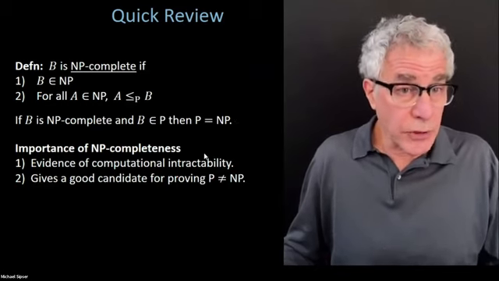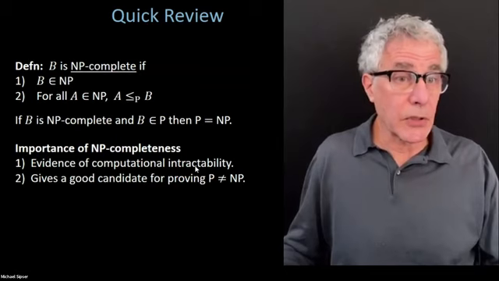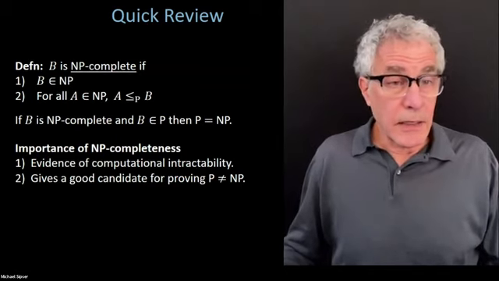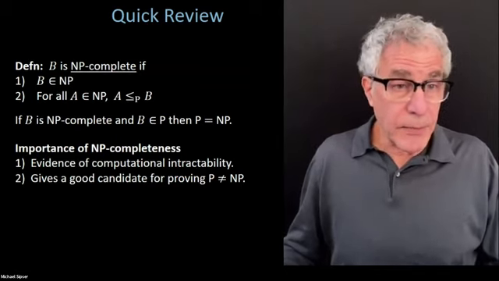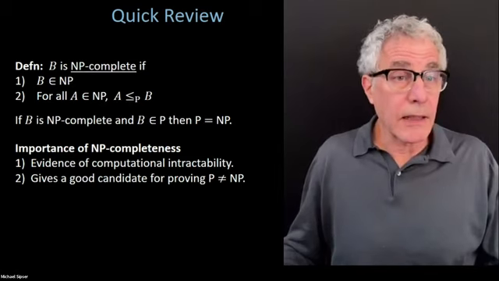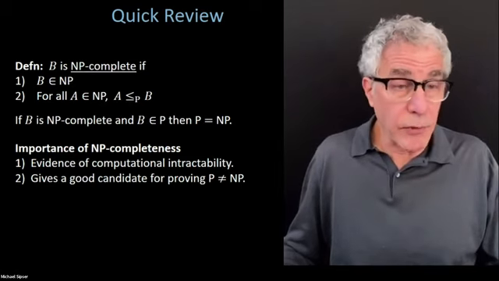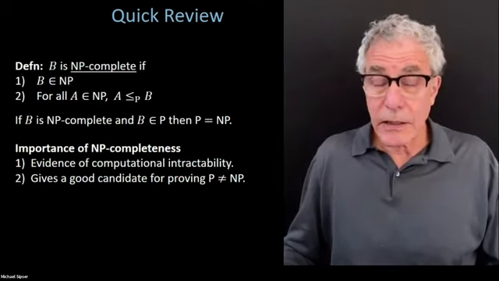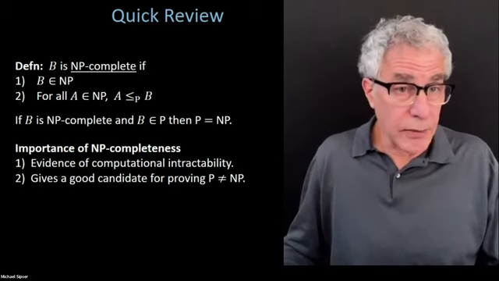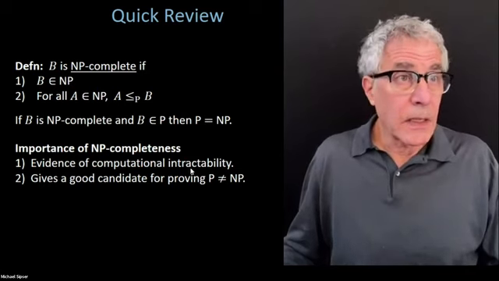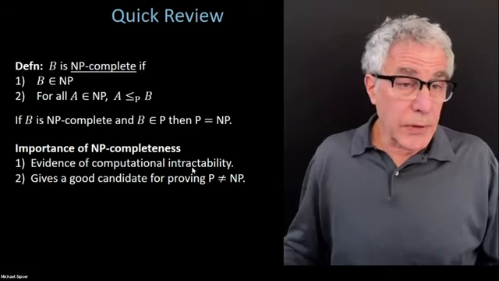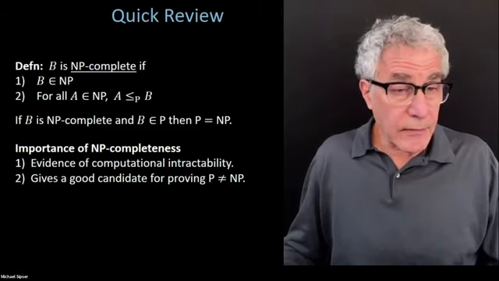And that's part of the importance of NP completeness, because since we consider it unlikely that P equals NP, and that there probably are some problems that are in NP but are not solvable in polynomial time, that would imply that an NP-complete problem would have that property.